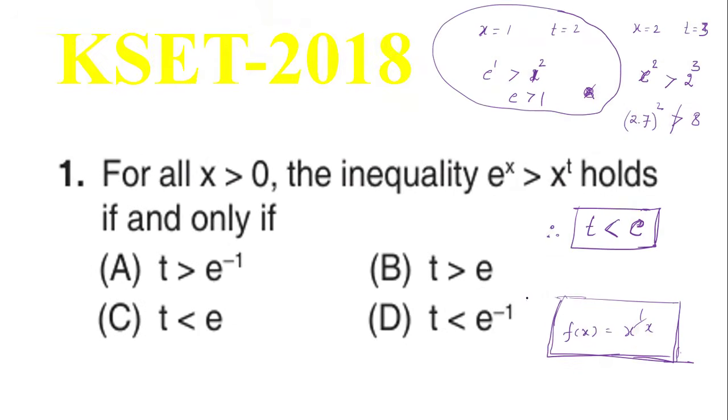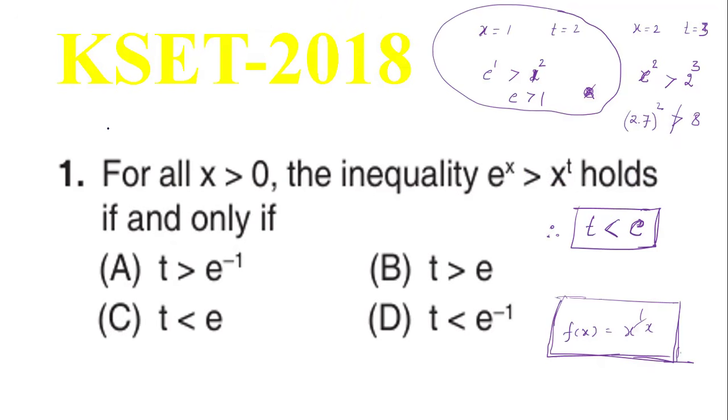See this question. This question has been asked 3 to 4 times in KSET. It is a repeated question. The question is the KSET 2018 question. For all x greater than 0, the inequality e raised to x greater than x raised to t holds if and only if.